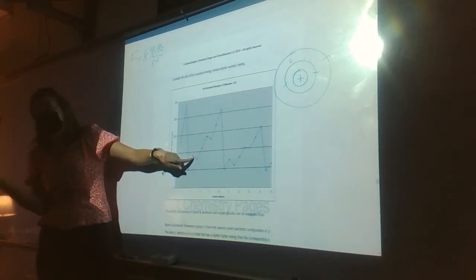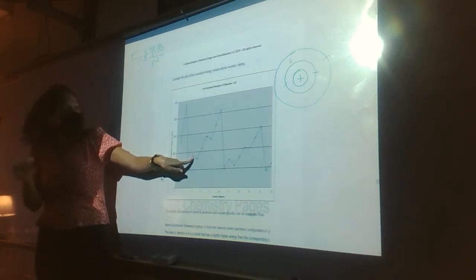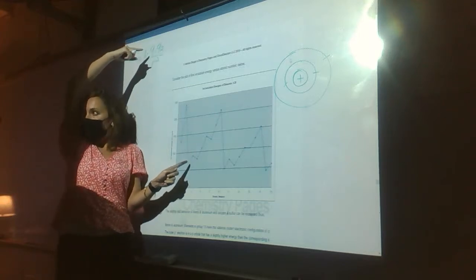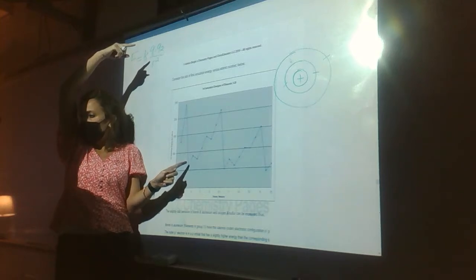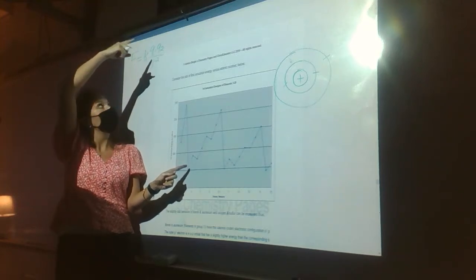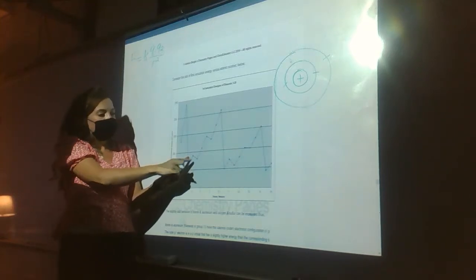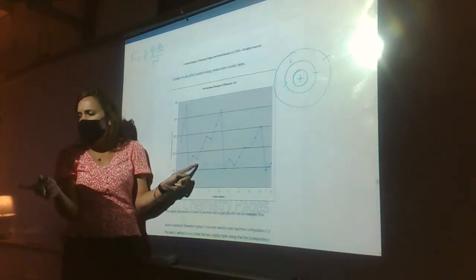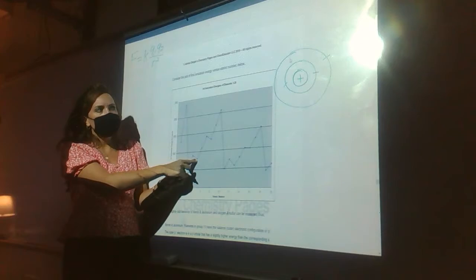I added an electron, but what else did I add? I added another proton. So now my positive pulling on my electron is more. So my force is greater. But then I get this drop. I've added a proton, but now my ionization energy is lower.